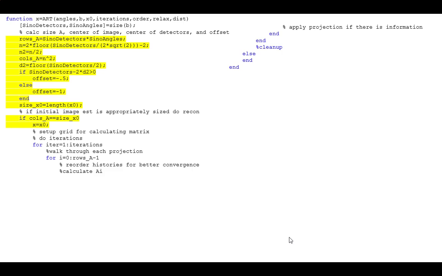Technically speaking, probably a good idea not to, but I did it because I have a habit of making things even. But if you want to write the sinodetectors divided by square root of 2, with the floor, that is perfectly fine.